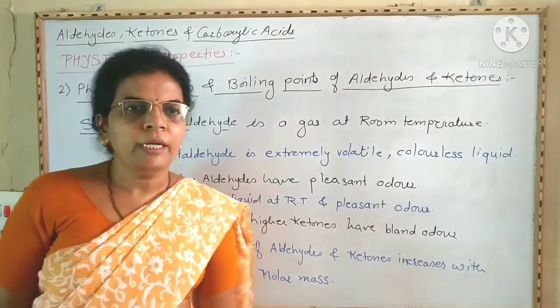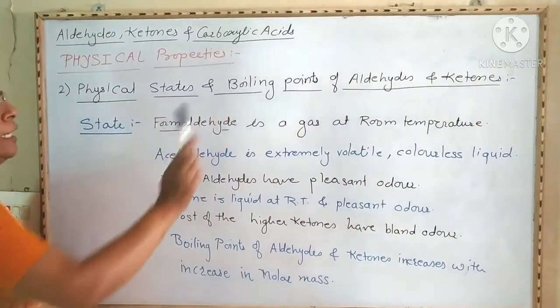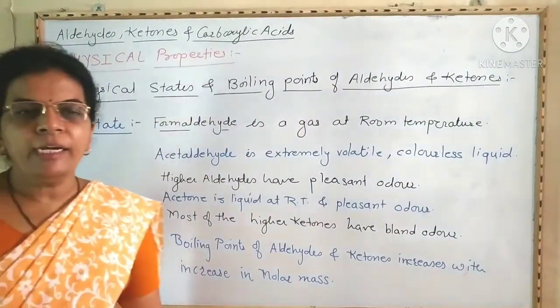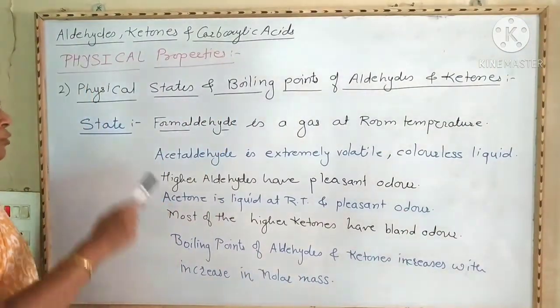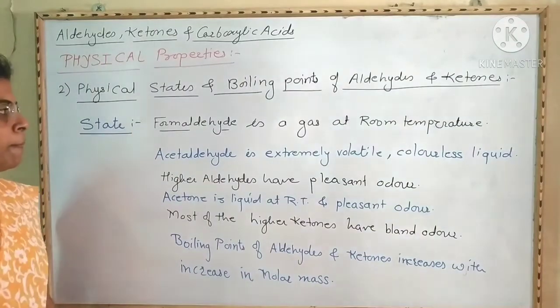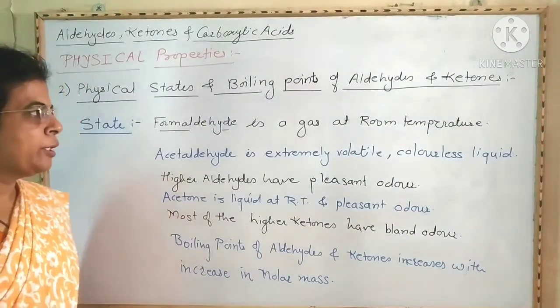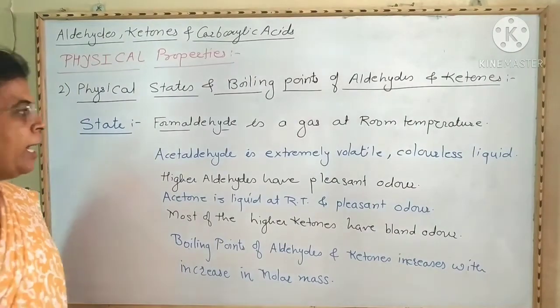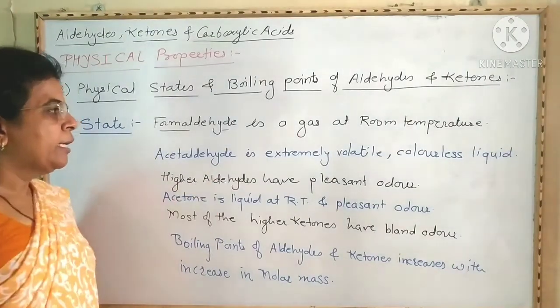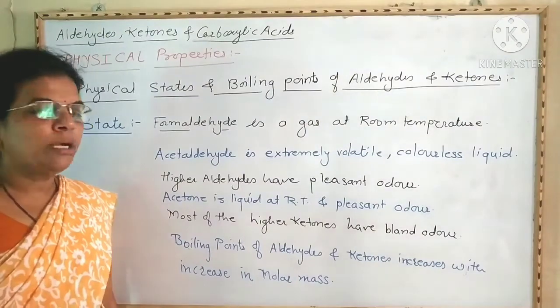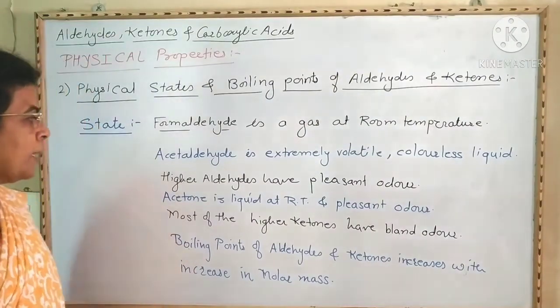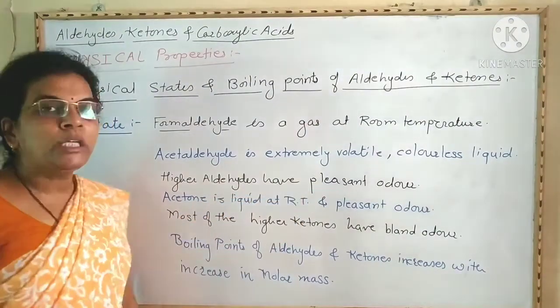Second physical property, physical state and boiling points of aldehydes and ketones. Now first we are going to see state. Formaldehyde is a gas at room temperature, while acetaldehyde is an extremely volatile colorless liquid. Higher aldehydes have pleasant odor.